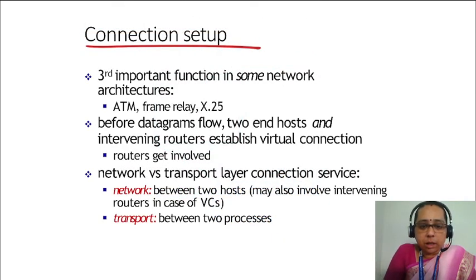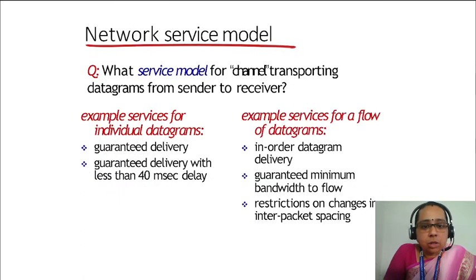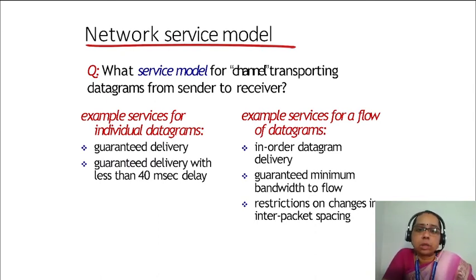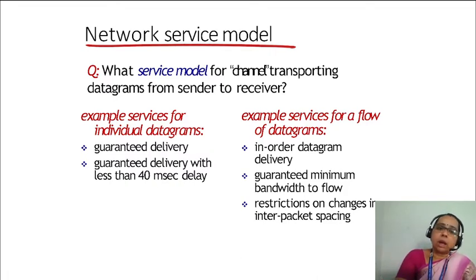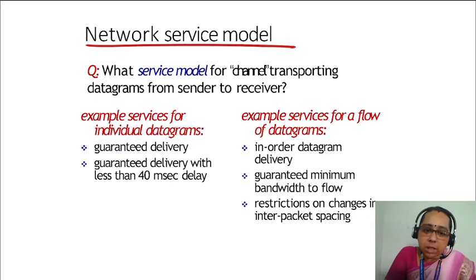As I said, the connection has to be set up, so various service models are used in transporting datagrams from sender to receiver. Example services for individual datagrams are guaranteed delivery, because it is connection oriented, and guaranteed delivery with less than 40 milliseconds delay, so the time is very limited.